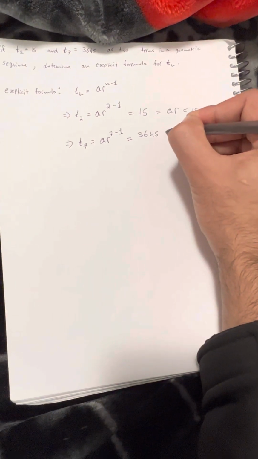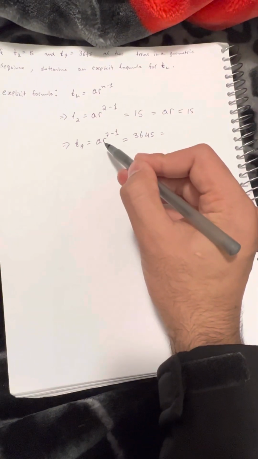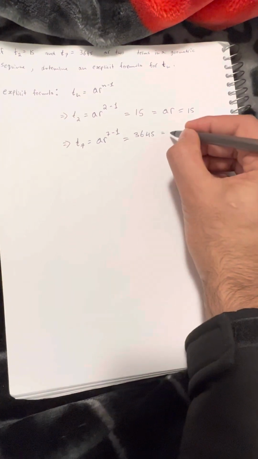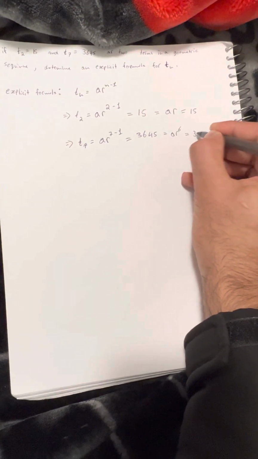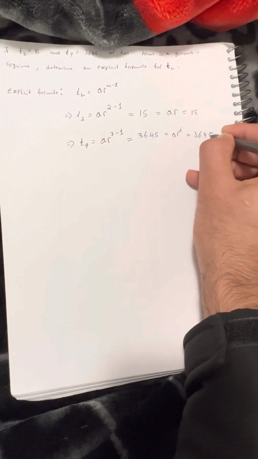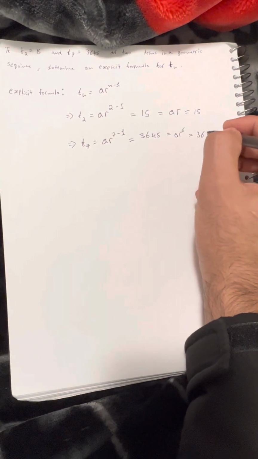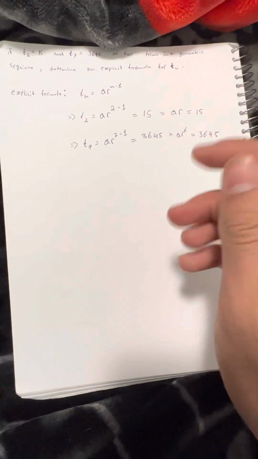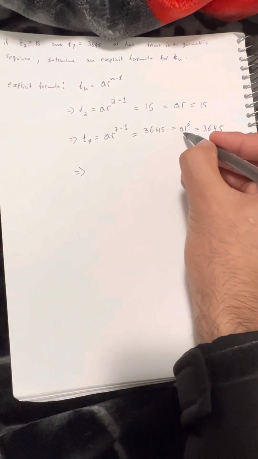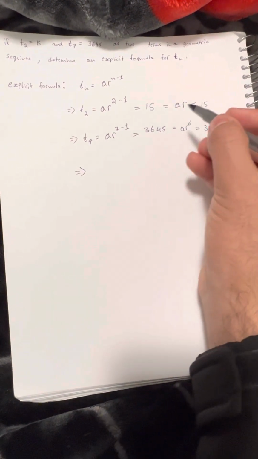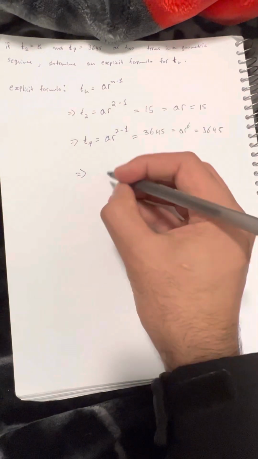And over here, 7 minus 1 is 6, so AR to the 6 equals 3645. Generally now we want to make a ratio for both of these, putting this one on top and this one on bottom.